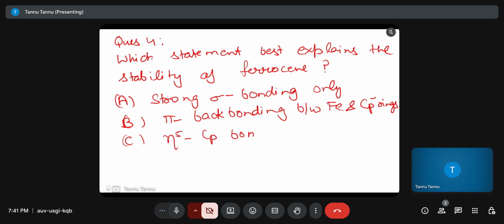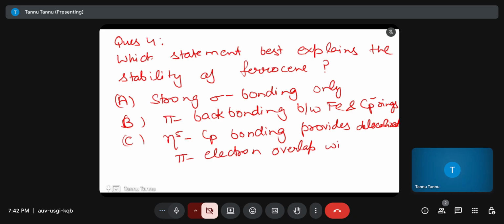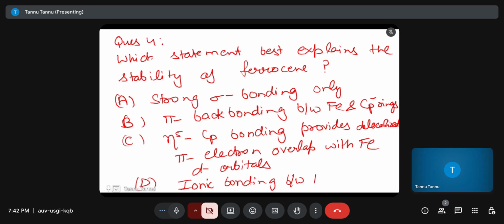C. Cp bonding provides delocalized pi electron overlap with Fe d orbitals, or D. ionic bonding between Fe2+ and Cp minus.